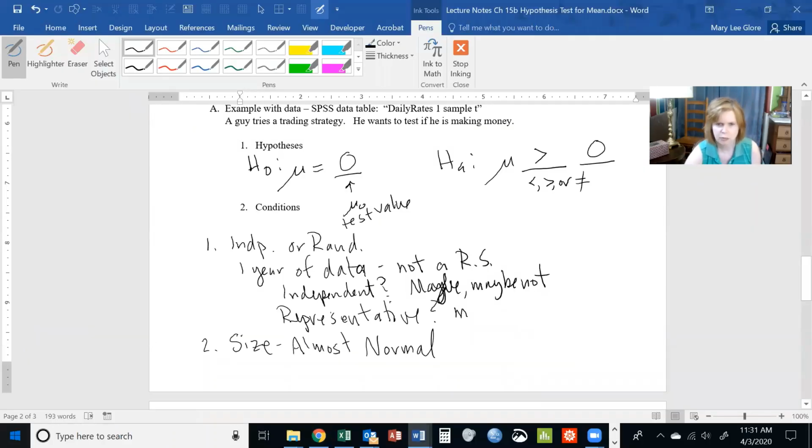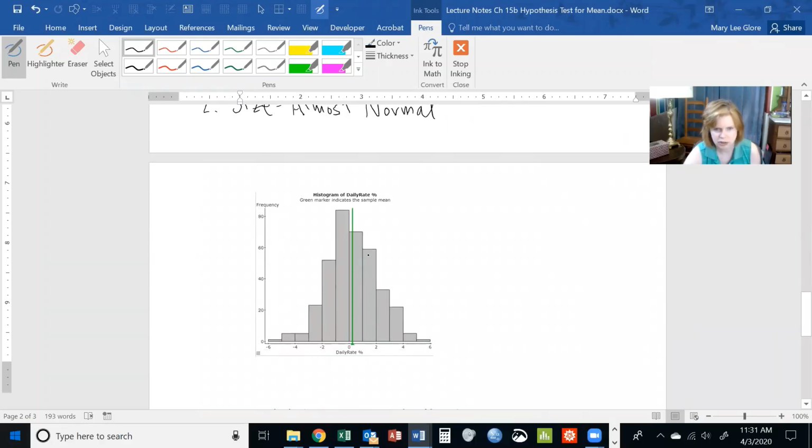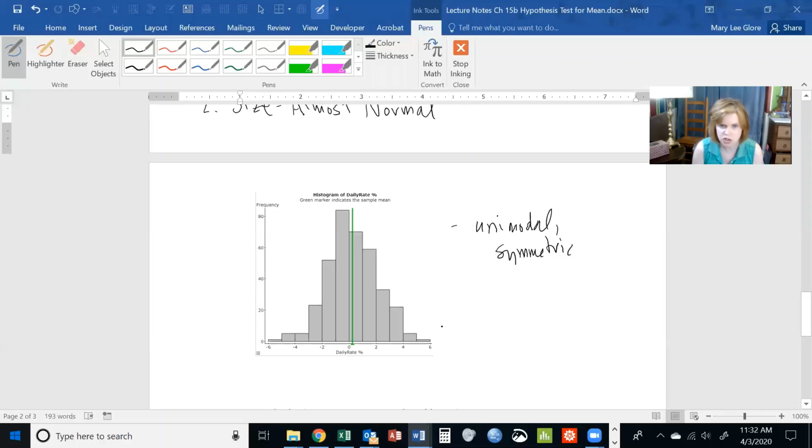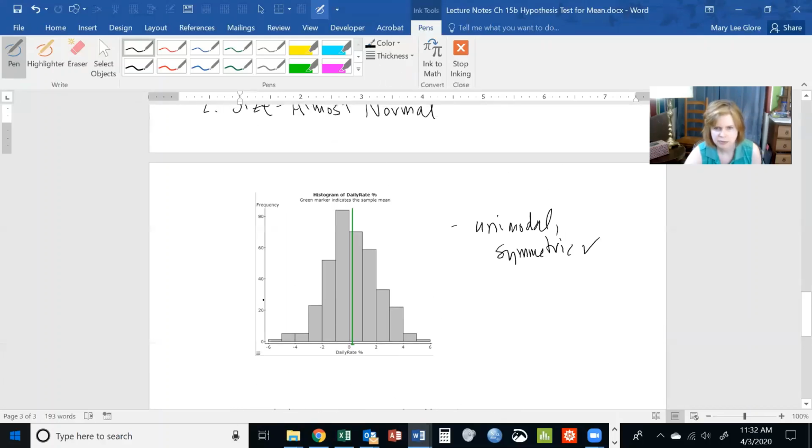My histogram, which I provided for you, shows the mean as that little green line. It's unimodal symmetric, which is great, which means with this shape I don't even need a large sample, but I have one. So this meets the conditions for the size. Okay, so now we have met our conditions.